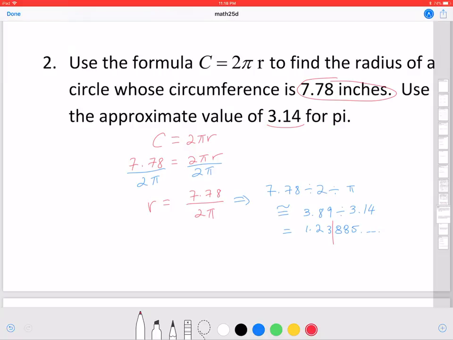So this is rounded off to about 1.24, since the next digit 8 is greater than 5. And the C was given in inches, so this also is inches. All right, so that's our answer. r is approximately 1.24 inches.